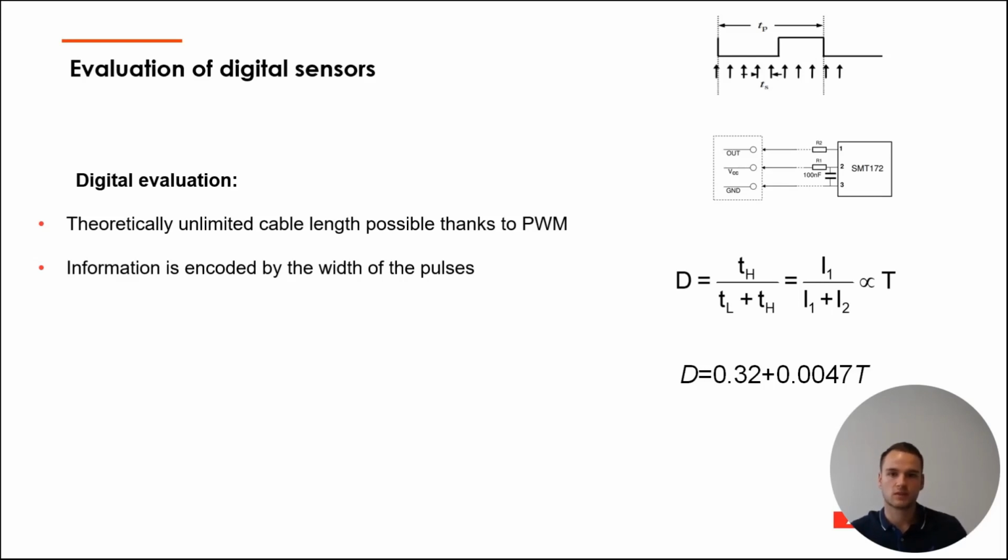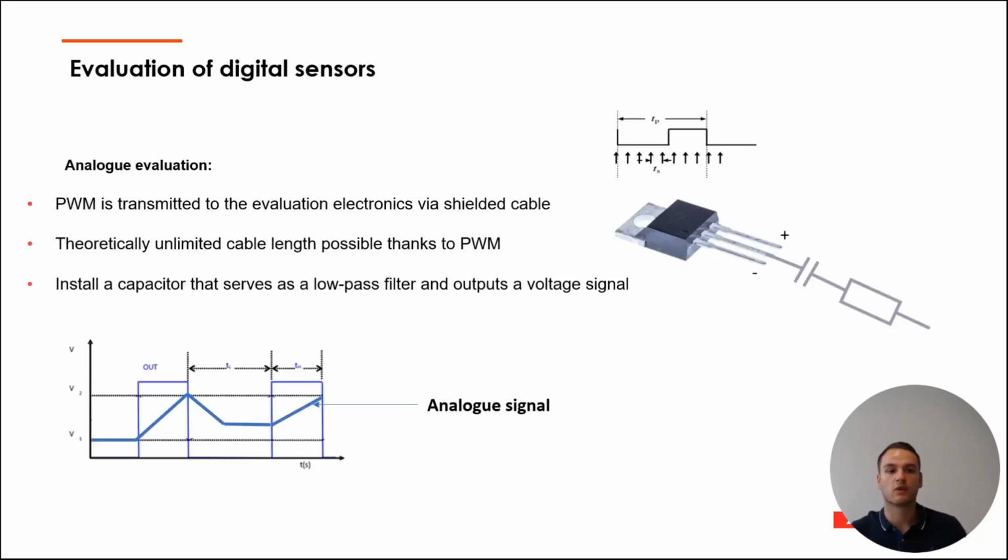So as you can see, the temperature sensor has a digital output signal, but you can also use the sensor with an analog output signal. The sensor signal can be evaluated not only digitally but also analog, like I said. The duty cycle can be converted to an analog signal directly at the sensor.